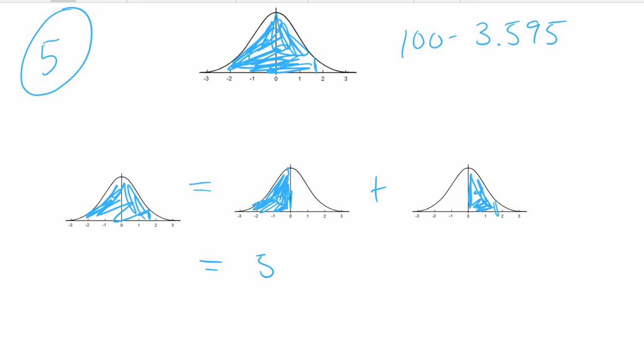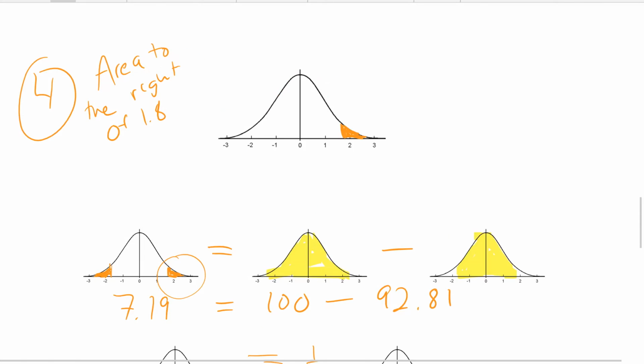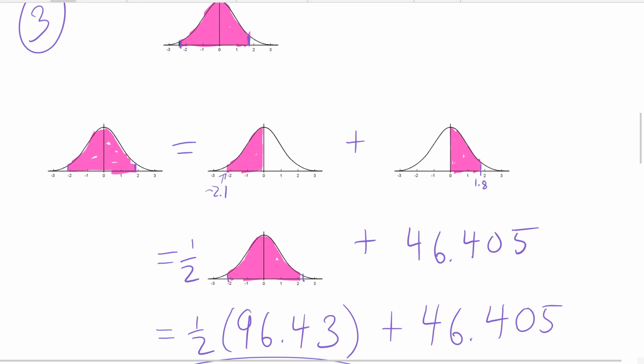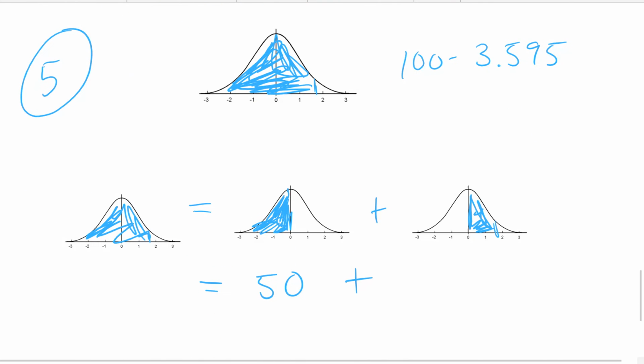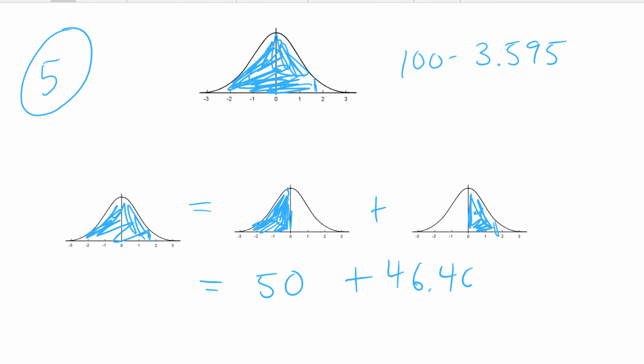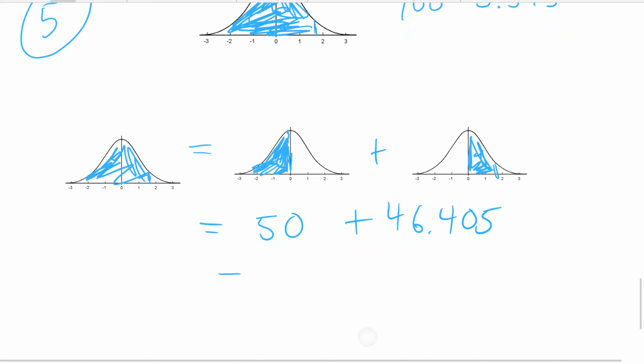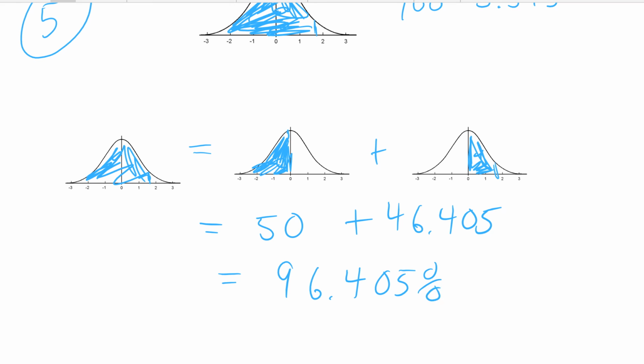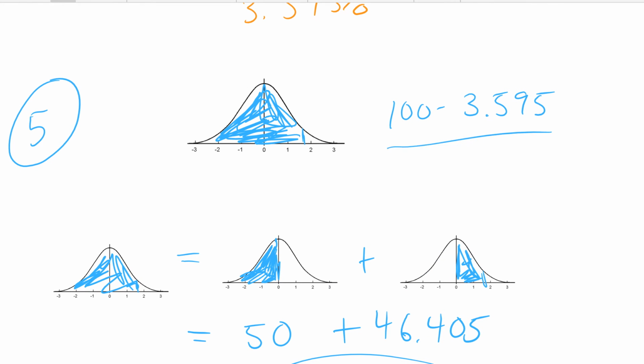The area to the left of 0 is 50% because it's half the curve. And the area from 0 to 1.8 is 46.405. So your answer is going to be 96.405%. Check. That's the same as this answer here.